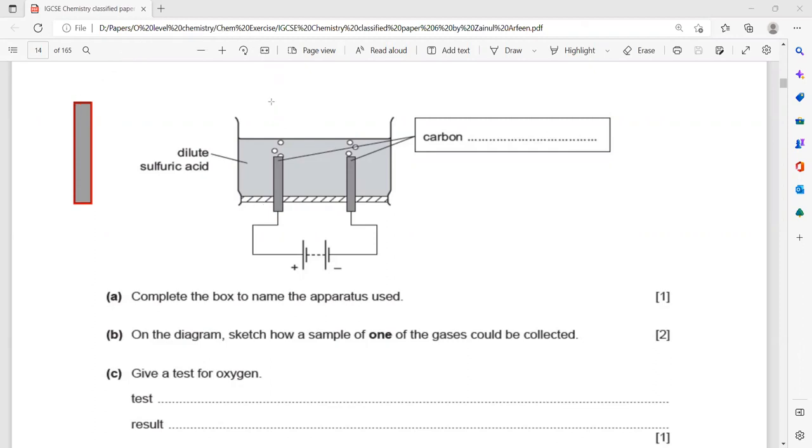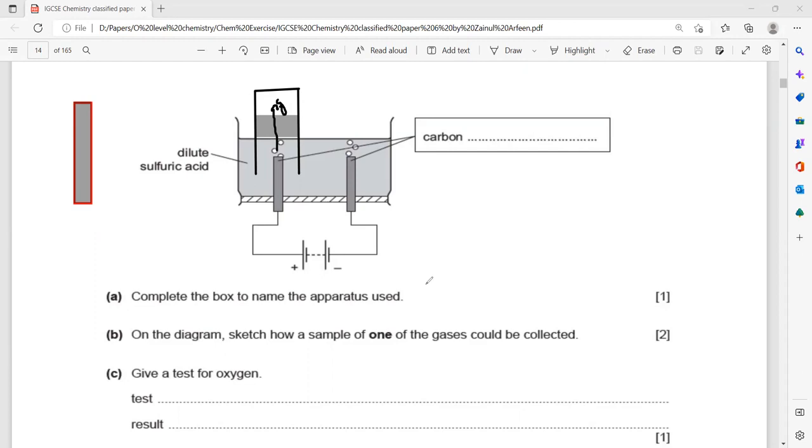Some of the liquid will mix with the electrolyte, but because that is already electrolyte, it won't make much difference. The remaining space, the gas will occupy. As the gas is given off, it will be released and collected here. So that is usually what we do.